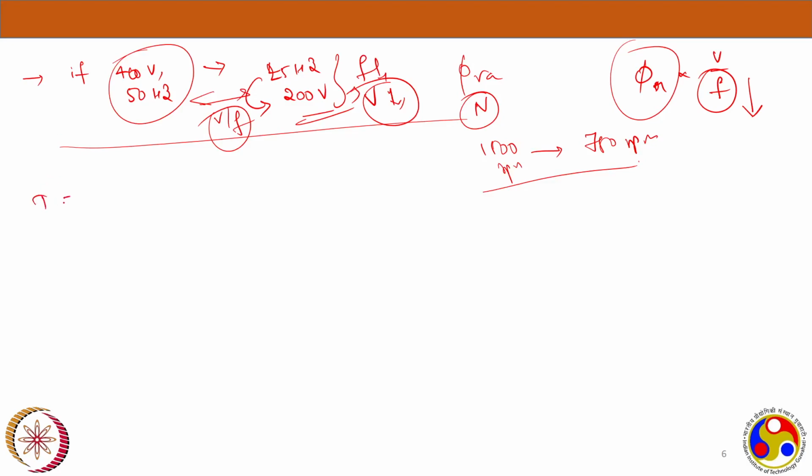One relation we remember is torque is equal to K, where K is 3V square by 2 pi ns, proportional to S alpha by S square plus alpha square. In that condition, all stator impedances and resistances are neglected.